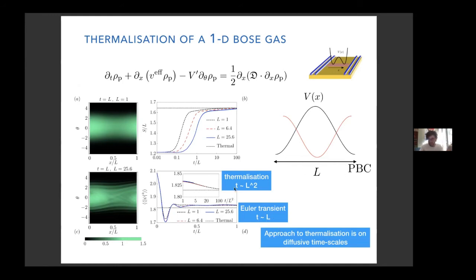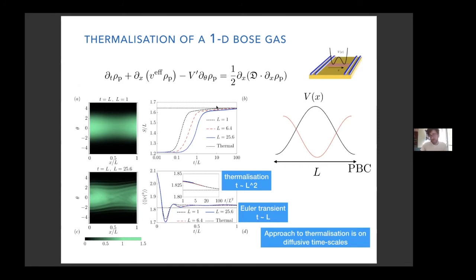However, if you wait long enough, to times of order L squared, these terms start to play a role. Namely, particles start to rearrange in momentum and real space, and you see a thermalization to the thermal value. This dashed line is the thermal value, which, as you see, is far from the steady value at times of order L. Here we did this for different L, and you see a perfect scaling as L squared.